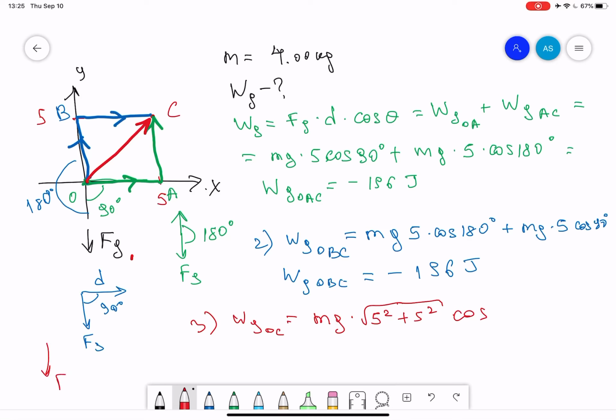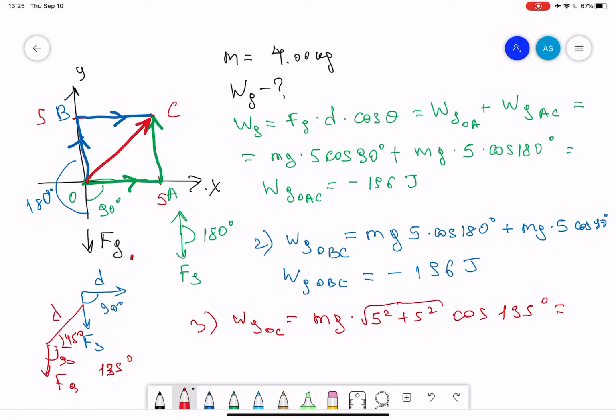This is our Fg and this is our distance, at 45 degrees. This is 45 degrees, this is 90 degrees, so the total is 135 degrees, so cosine 135 degrees.